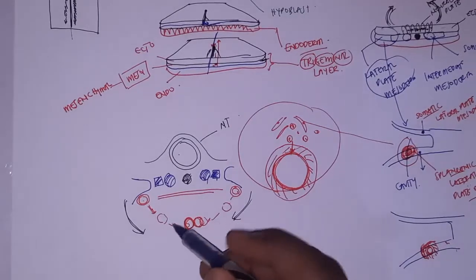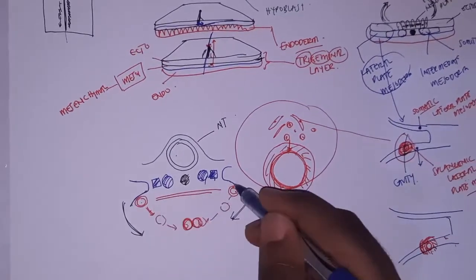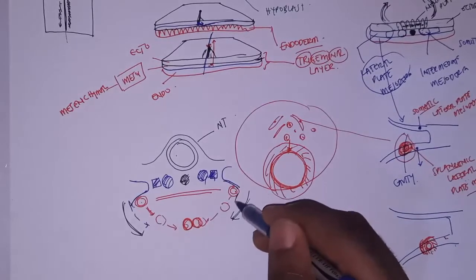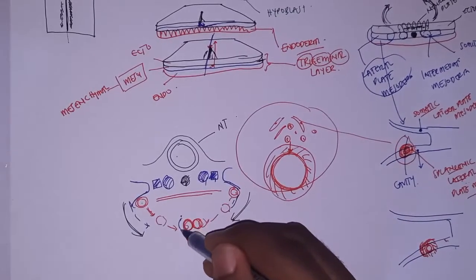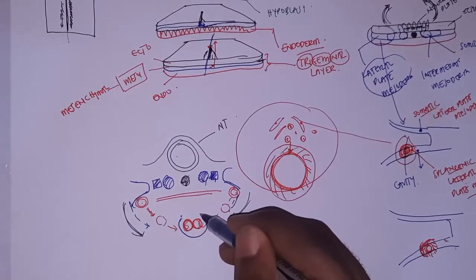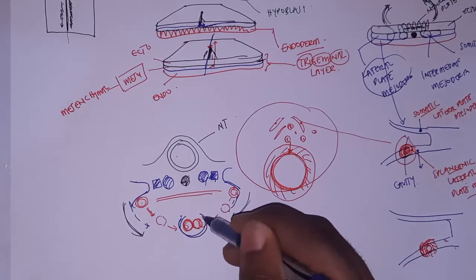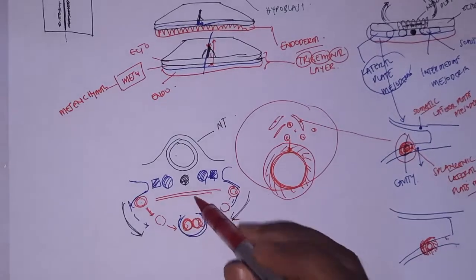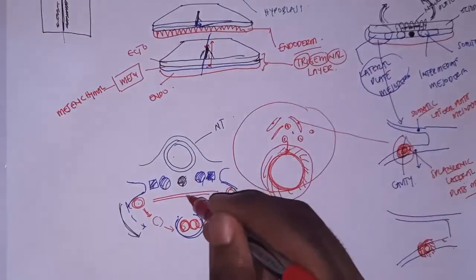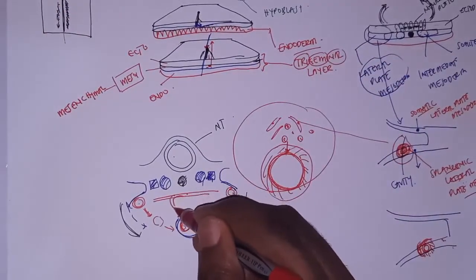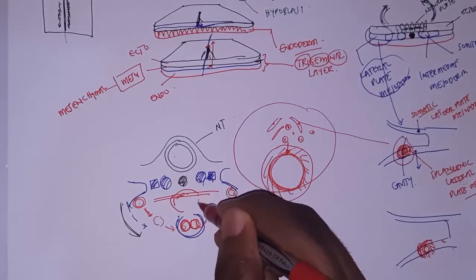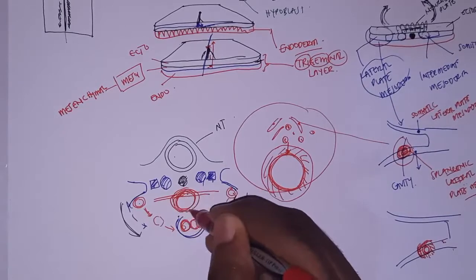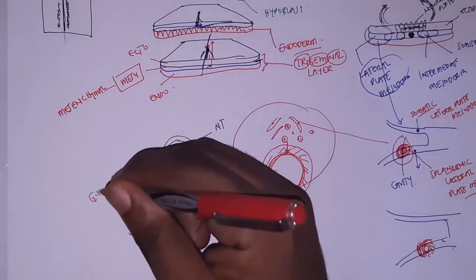Now, as they fold too, this splanchnic lateral mesoderm is also going to come down along with the tubes to envelop or to surround the tube this way. Now, this endoderm is also going to fold such that it now becomes the gut tube. So this becomes another tube, the gut tube.